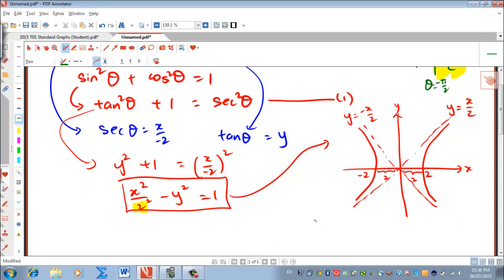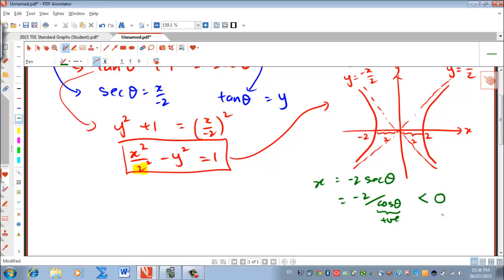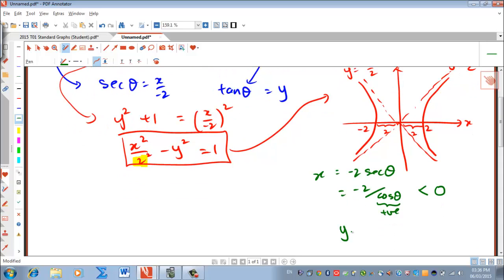Now we see that x being negative 2 secant theta is actually negative 2 over cosine theta. Since cosine theta is positive in the fourth quadrant, and x is negative 2 over cos theta, x must be less than 0. Whereas y equals tangent theta, and in the fourth quadrant, tangent theta is negative as well.